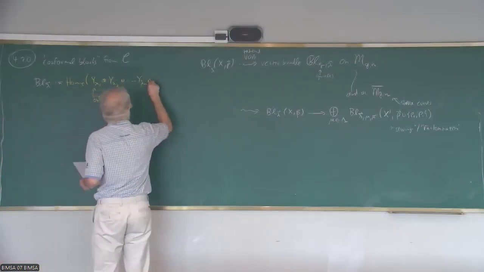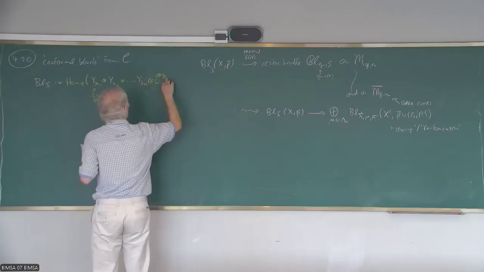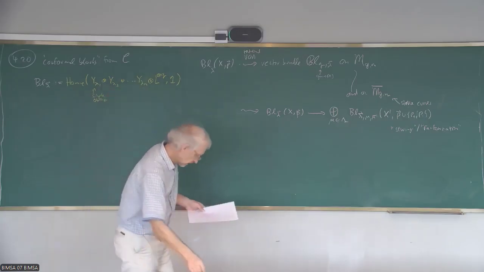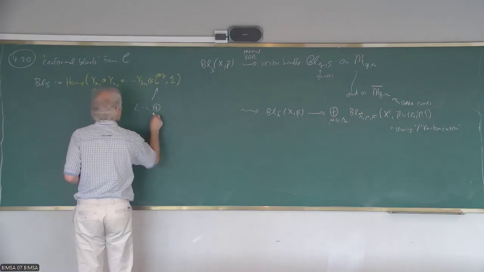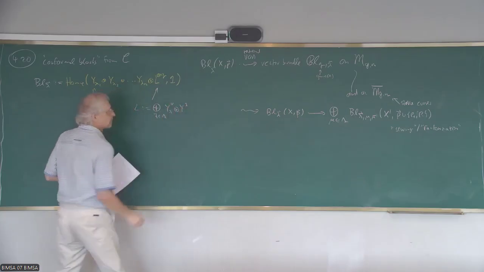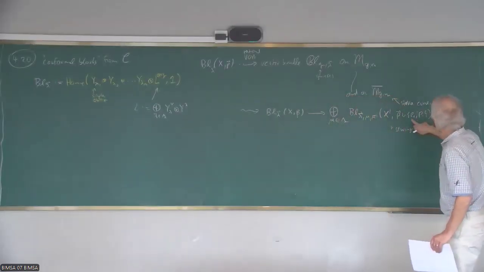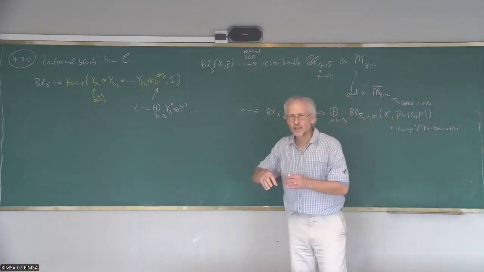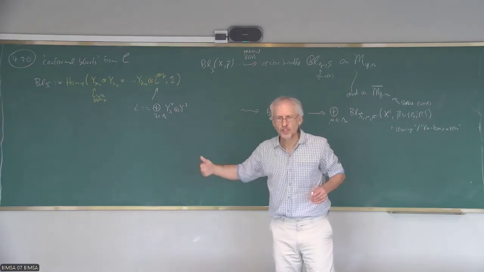If I have higher genus, I have here to add a tensor with the genus-th tensor power of a certain object L, and this object L is defined as the direct sum over all lambda of lambda dual tensor lambda. And the presence of these corresponds to the fact that if I have a genus G surface, I can think of this as a curve with G double points.